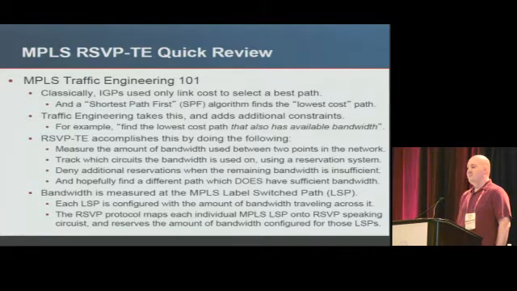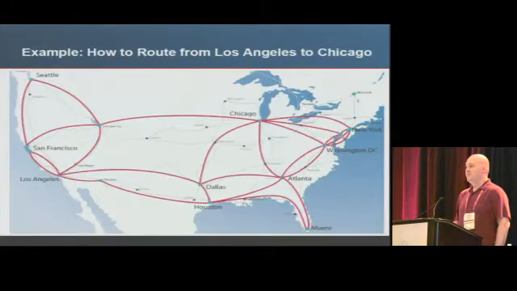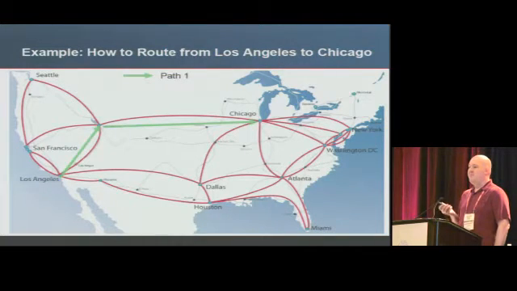So for every LSP that's configured, you have a bandwidth number associated with it, and then RSVP maps that across the individual links. So here's a quick example of where that would kind of make sense. Take a really simple network, and you say, how might I route from Los Angeles to Chicago? So that might be your shortest path to go up through Salt Lake City and then come over to Chicago.